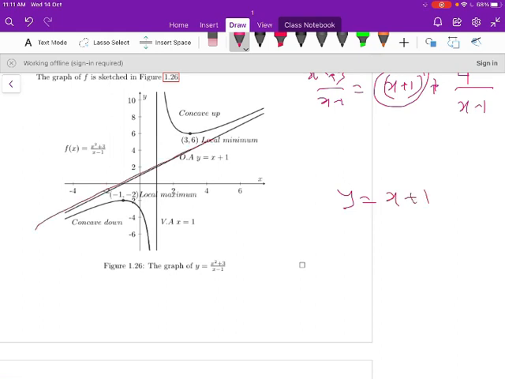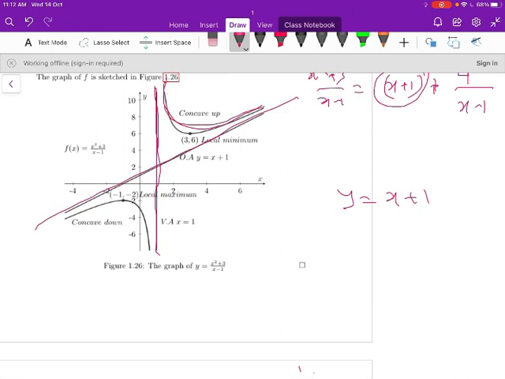You can draw it. This is the line of the oblique asymptote, and the vertical asymptote is x equal to 1. Generally these are the asymptotes. The curve always lies between the asymptotes, and the curve and asymptotes should meet at infinity.